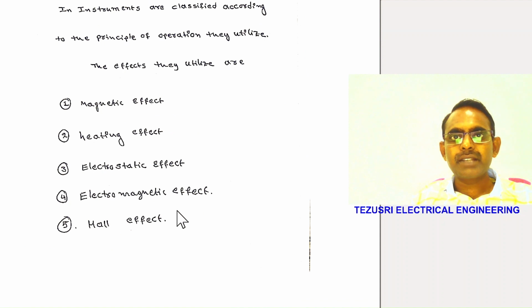Instruments are also classified according to the principle of operation they utilize. The effects they utilize are magnetic effect, heating effect, electrostatic effect, electromagnetic or induction effect, and Hall effect.